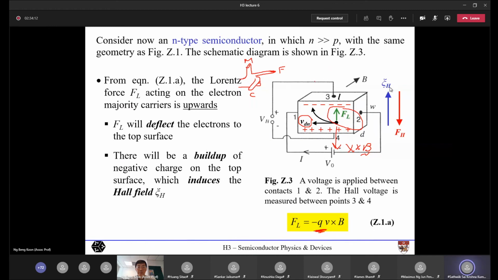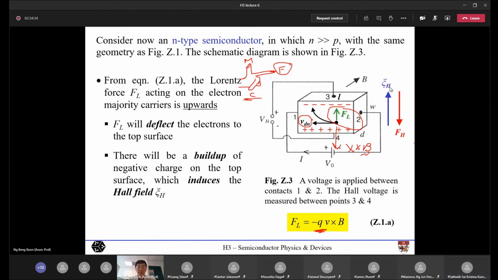If you apply it to our situation here, the magnetic field is into the screen, so you point the index finger into the screen. The current component here is the conventional current, which is left to right.